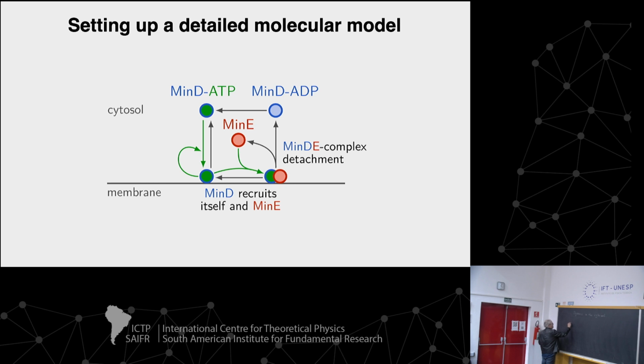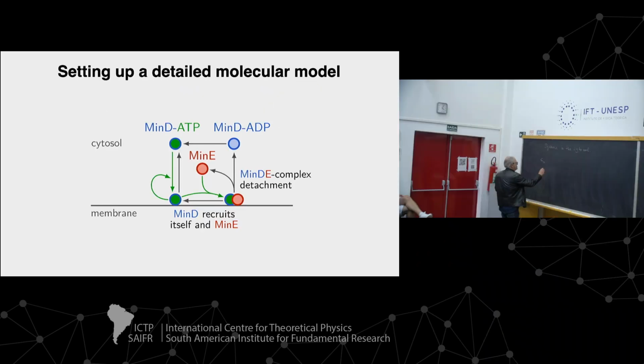First, we should specify the kind of components that we have in the cytosol. We do have a MinD protein, and let's call this here a C_DD, right? The D, the capital D, indicates that we have this MinD protein. And now I'm adding another D, saying that this MinD protein is in the ADP state, so in the passive state, right?